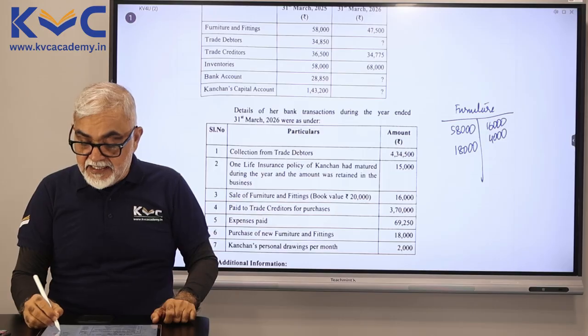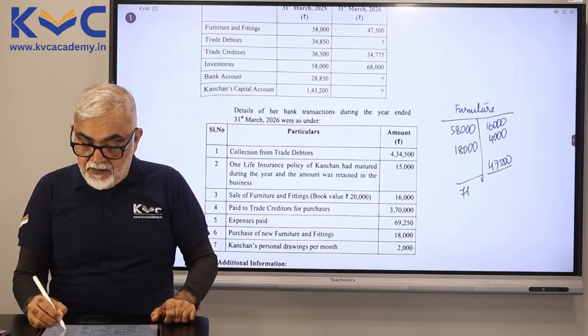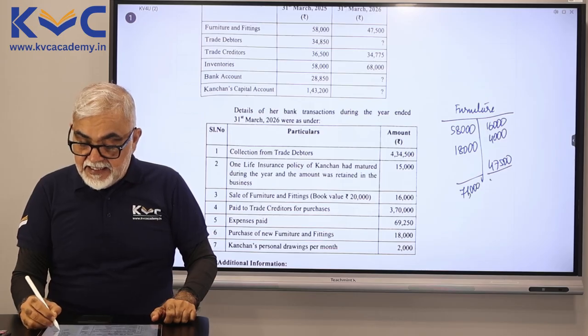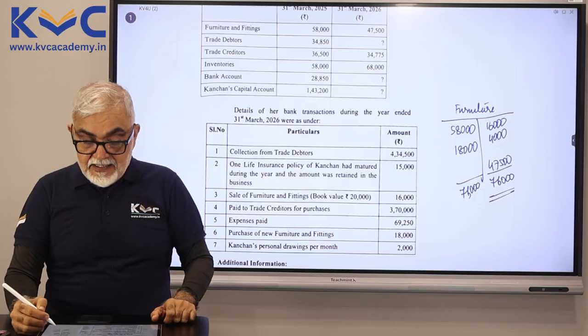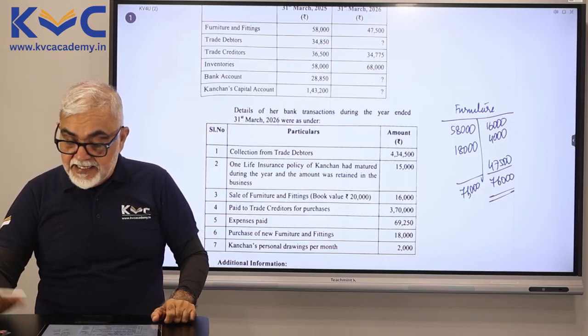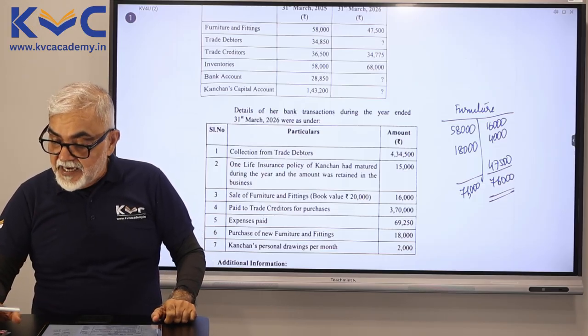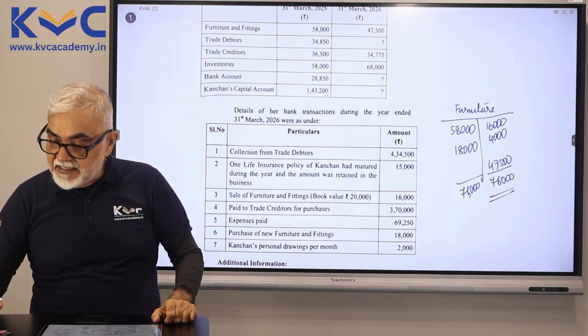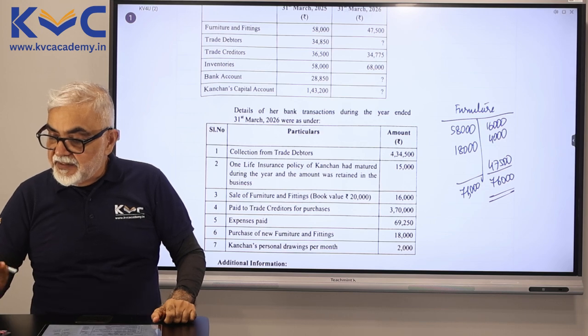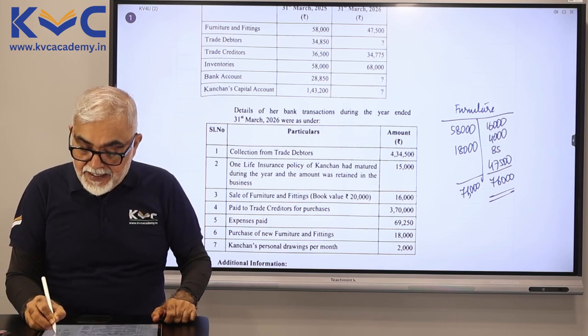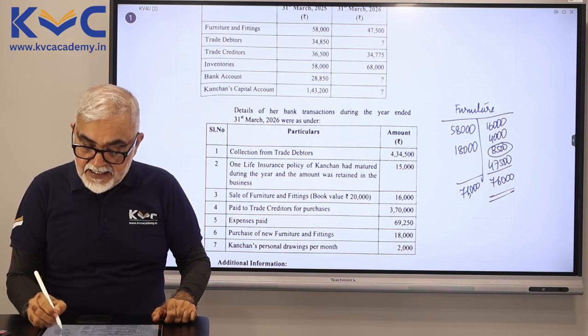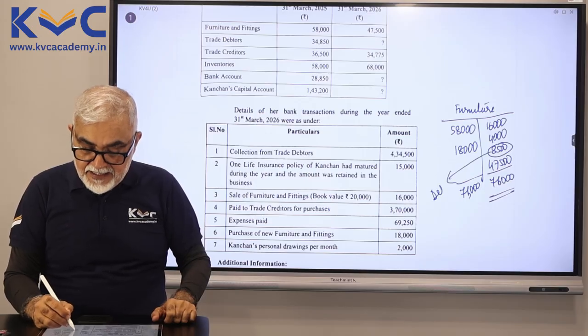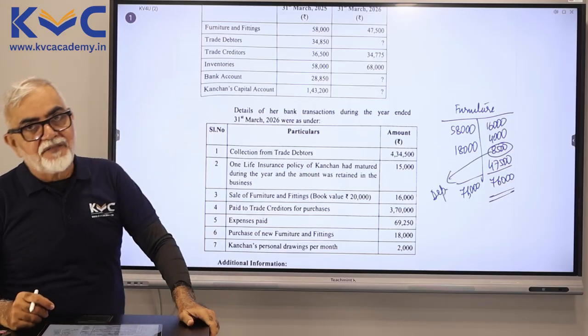And the closing balance is given as 47,500. Therefore, the balancing figure is depreciation. This balancing figure, which is 16,000 plus 4,000 plus 47,500 minus 76,000, is my depreciation. That's how I get my depreciation on furniture.